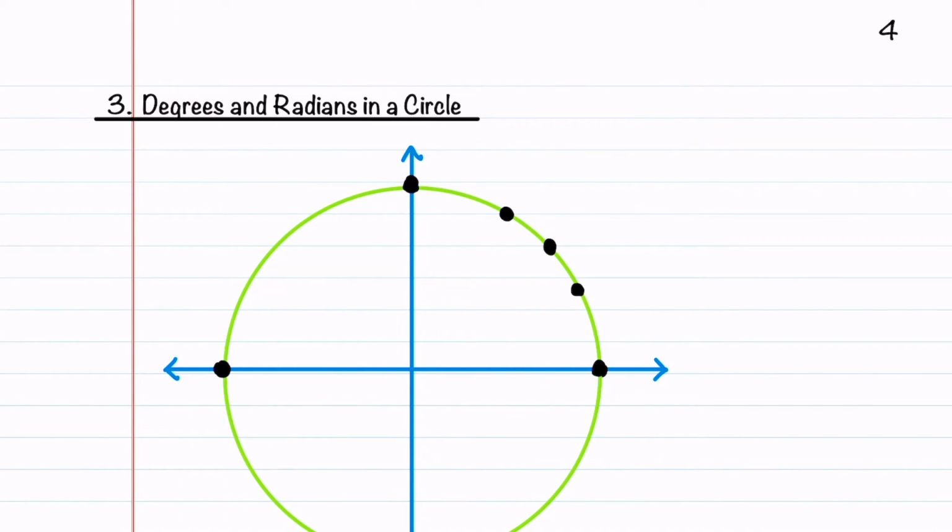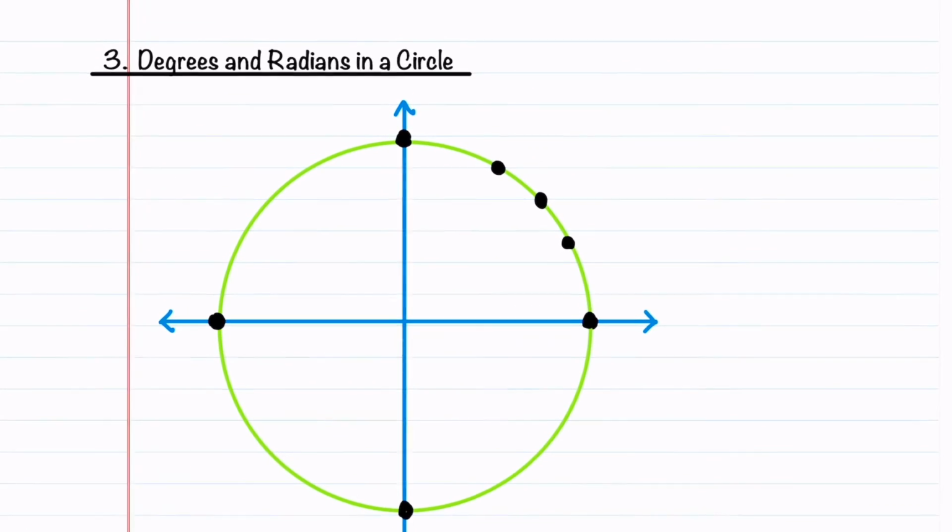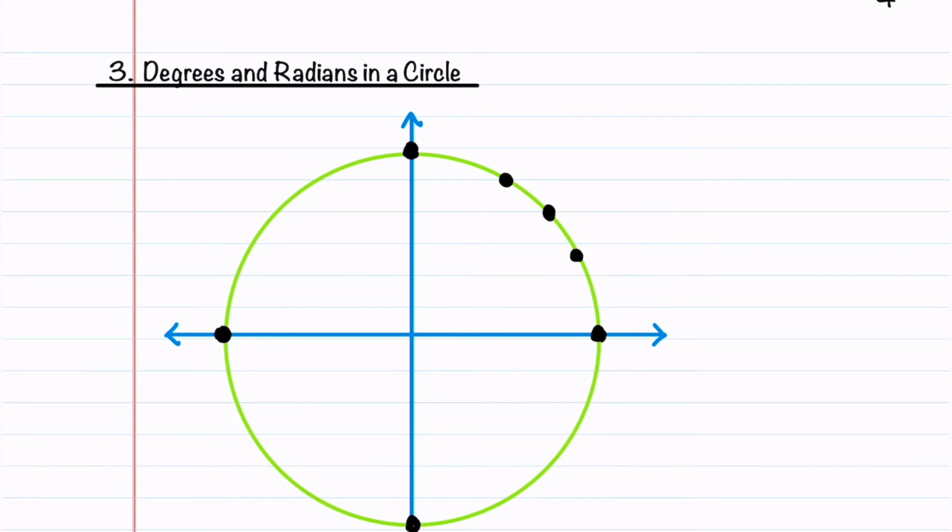Now we know what degrees and radians are, so we can determine the number of degrees and radians in a circle. We'll start with 0 degrees, and then up at the top, we have 90 degrees, or pi over 2 radians. On the left-hand side, we have 180 degrees, or pi radians.